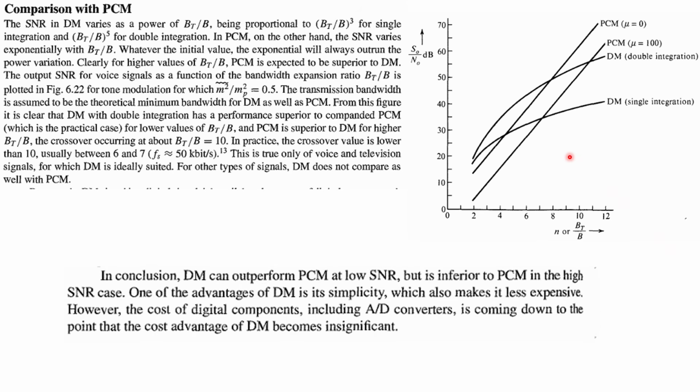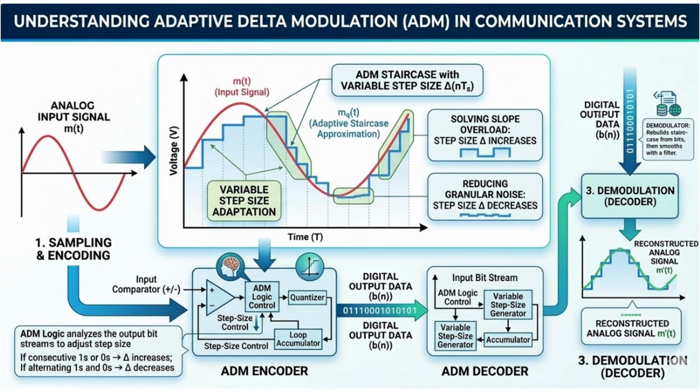So the conclusion is that DM can outperform PCM at low SNR, but it is inferior to PCM in the high SNR case. One of the advantages of DM is its simplicity, which also makes it less expensive. However, the cost of digital components, including A by D, that is analog to digital converter, is coming down to the point that the cost advantage of DM becomes insignificant.